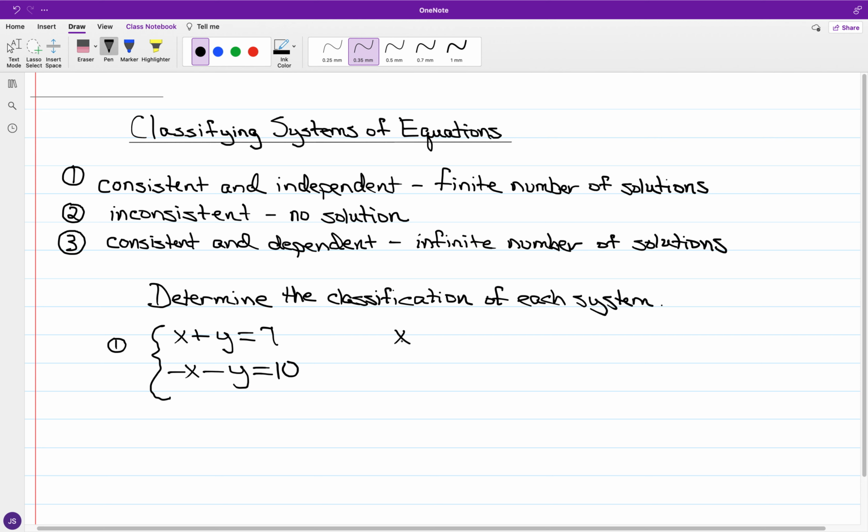Here we have additive inverses in both the variables x and y, so I can add the equations together. We have x plus y is equal to 7, and negative x minus y equals 10.